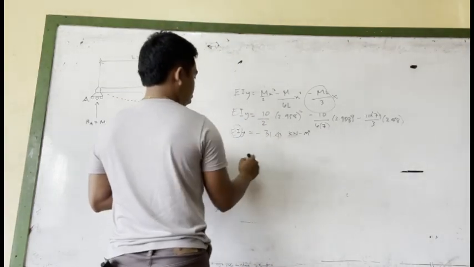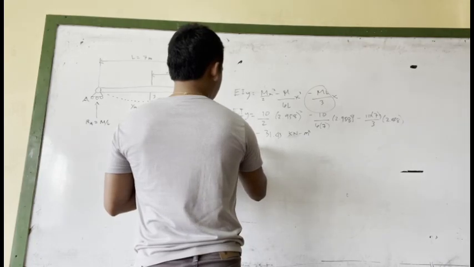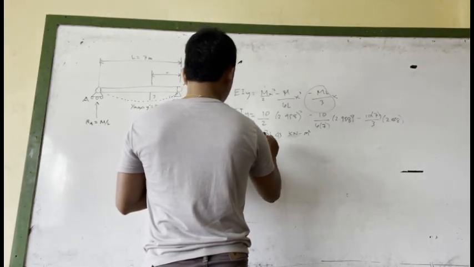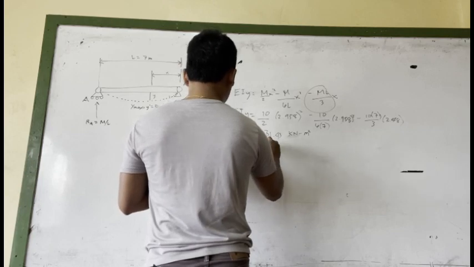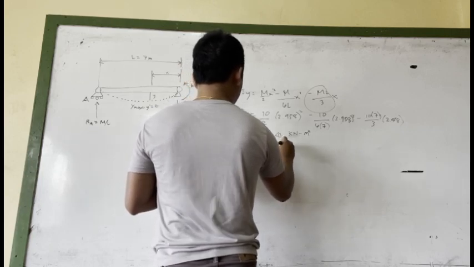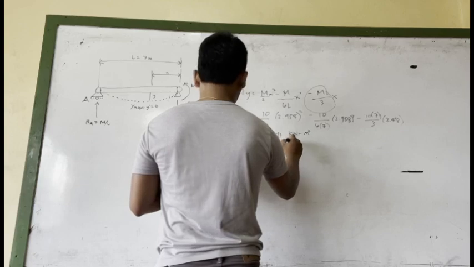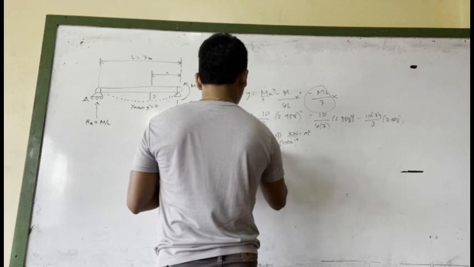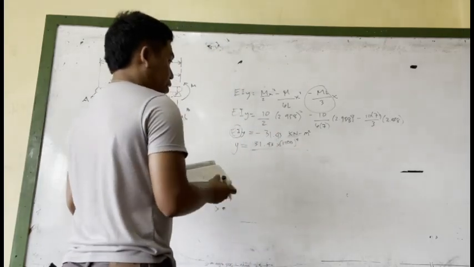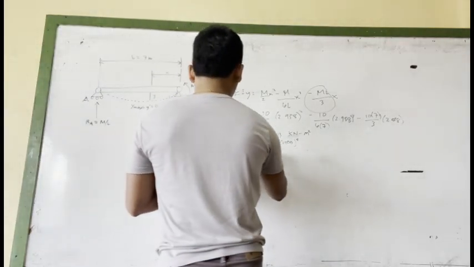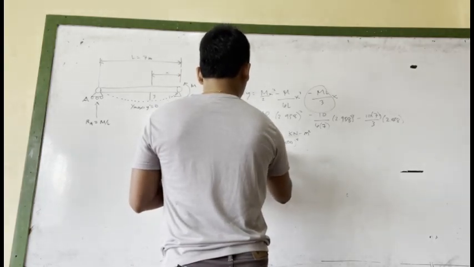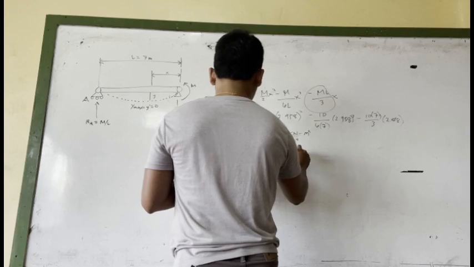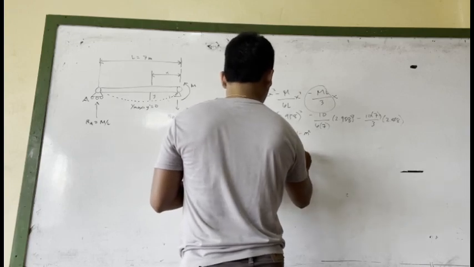This value should be multiplied by our EI, so y will remain on the other side, then negative 31.43 times 10 to the power of 4, divided by our reduced elasticity and inertia value, which is 200,000 times 60 times 10 to the power of 6.